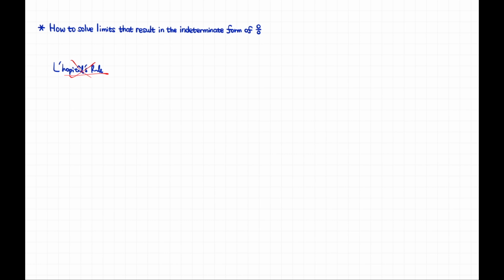So let's say we have this limit as x approaches -1 of (x squared plus 3x plus 2) divided by (x plus 1). So first, try plugging in the value that x is approaching, which means just substitute x equals -1 into this fraction.